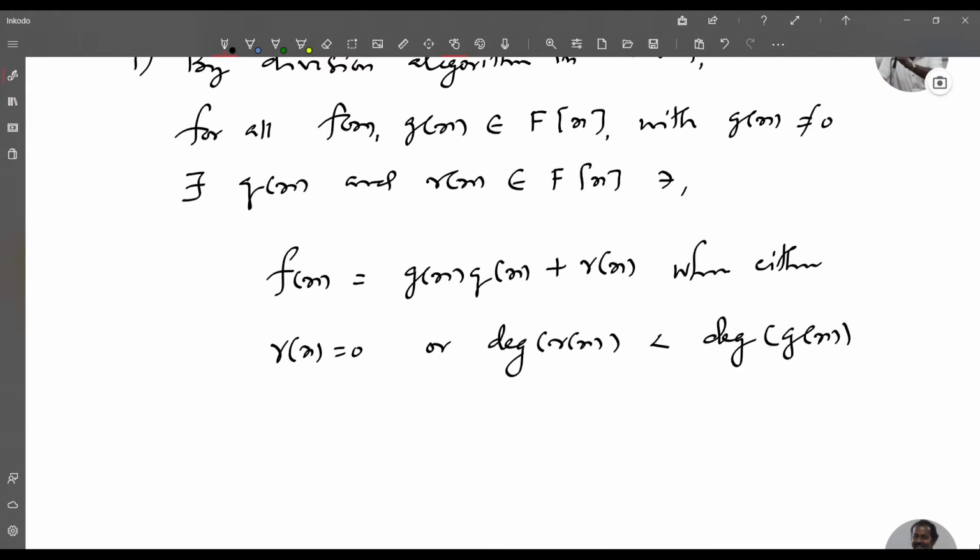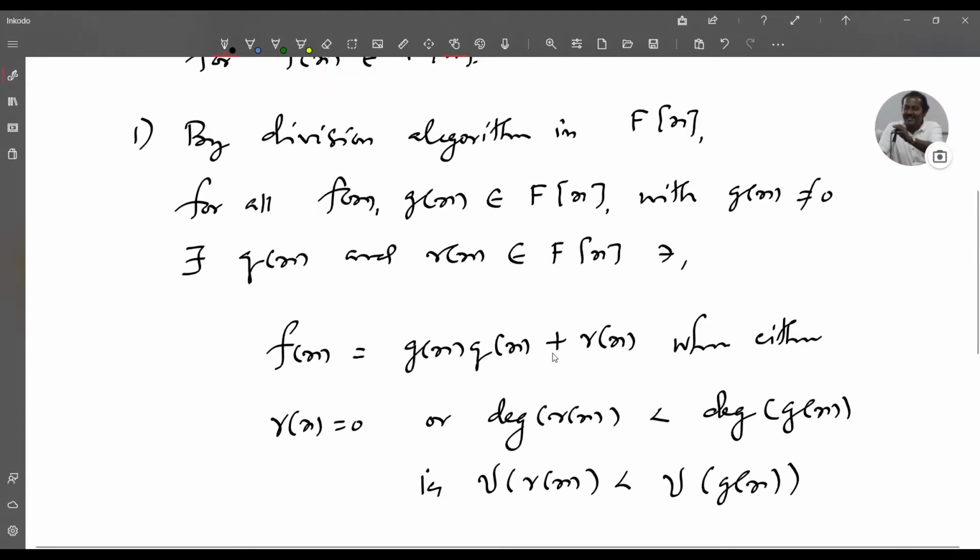That is, nu of r of x is less than nu of g of x. So this proves condition 1 for Euclidean norm.